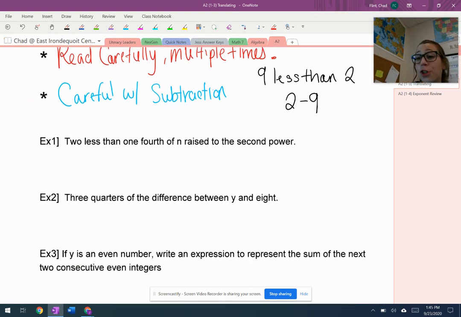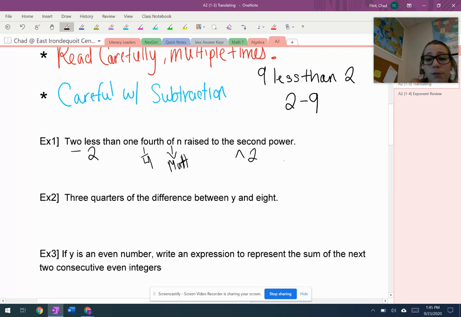Okay, so looking at the first example. 2 less than, so that's just like that subtraction piece we just talked about, 2 less than 1/4 of n raised to the second power. So there's a couple of things going on here. 2 less, we know that is minus 2, just like 9 less than something gave us minus 9. 1/4 of means multiplication, and then raised to the second power is an exponent of 2, like caret 2.